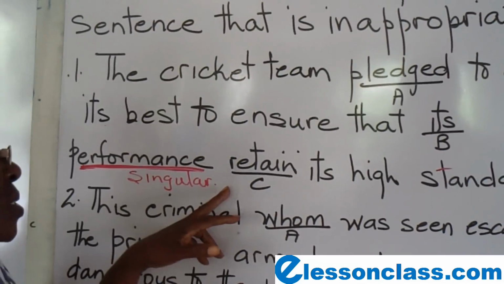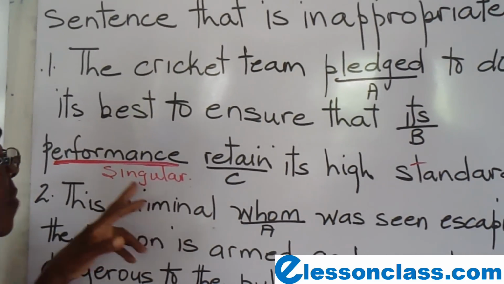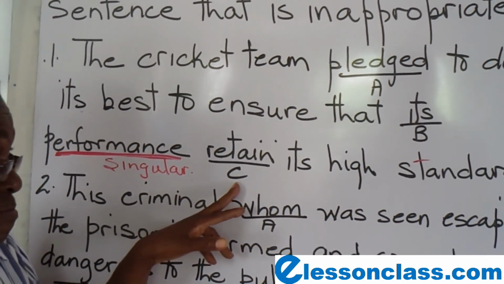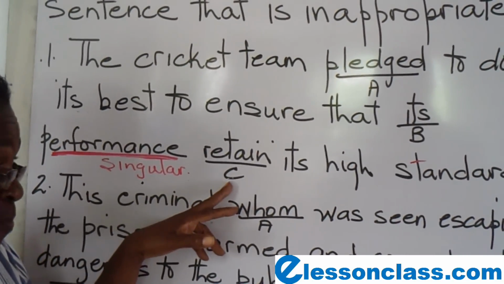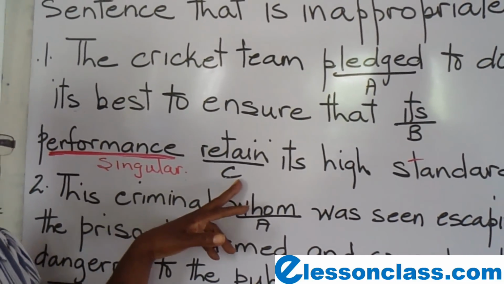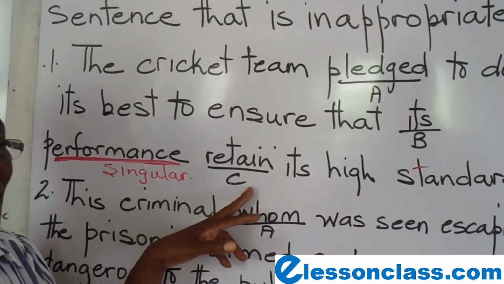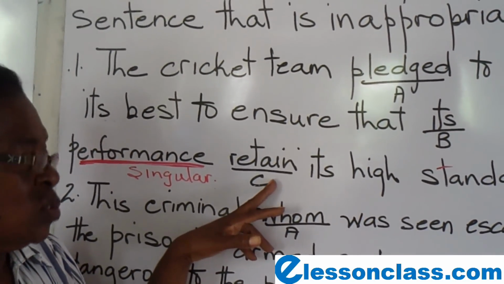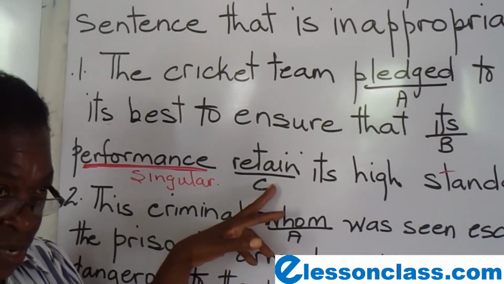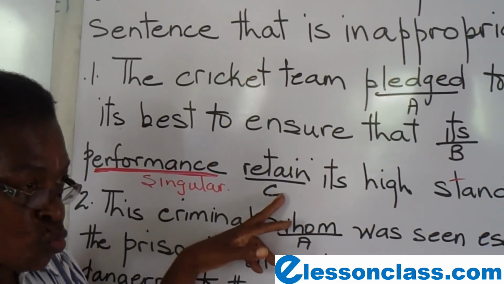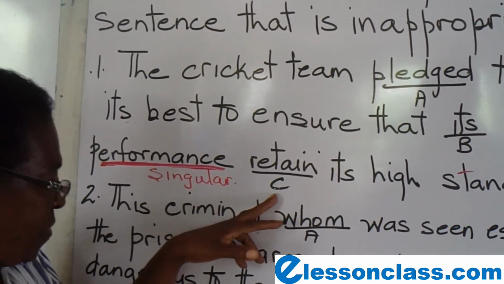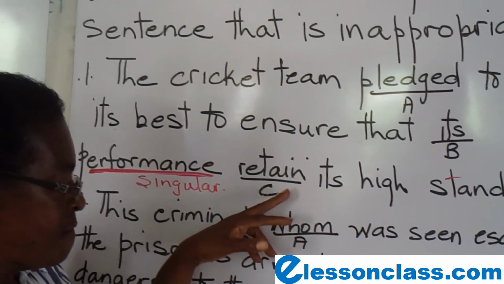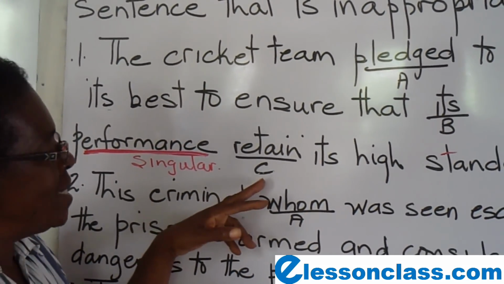But look at what happens. The verb that is referring to it is plural. We know that it is plural because it does not contain an S. It does not end with an S. Right? So, singular verbs end with S. Plural verbs do not end with S. If, therefore, performance is singular, we need the verb that is referring to it to be singular.